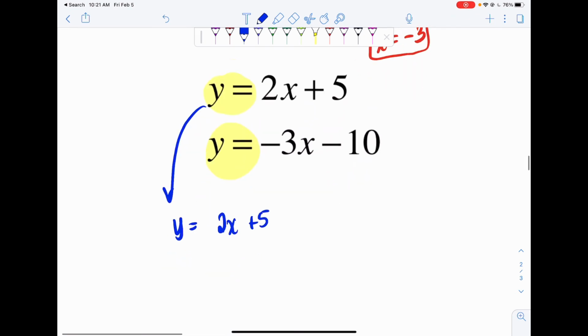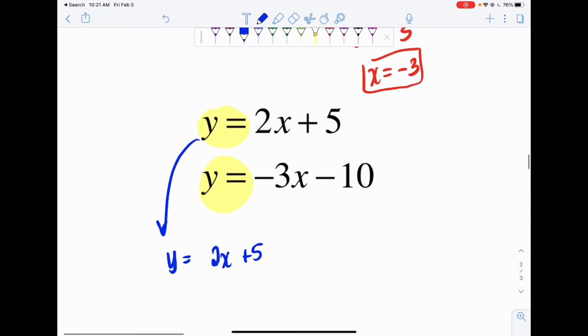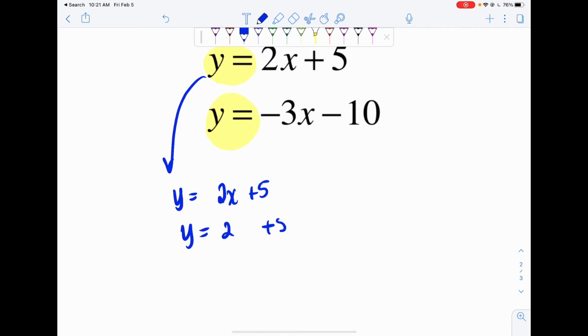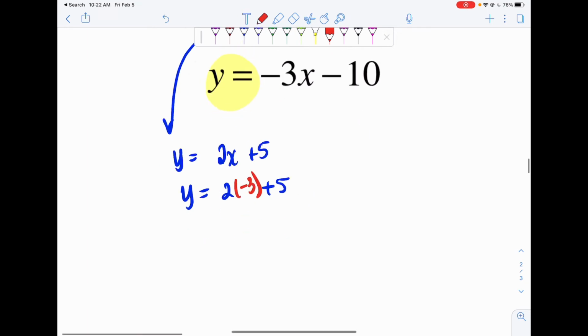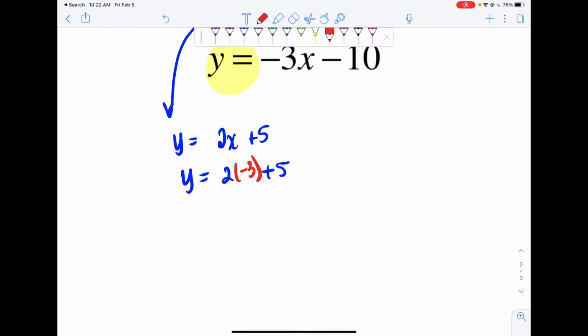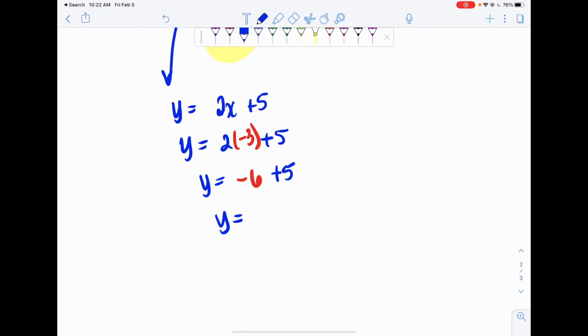So everywhere I see an x, I'm going to put a negative 3. Two times negative 3 is negative 6. Negative 6 plus 5 is negative 1, sorry. And that's your final answer.